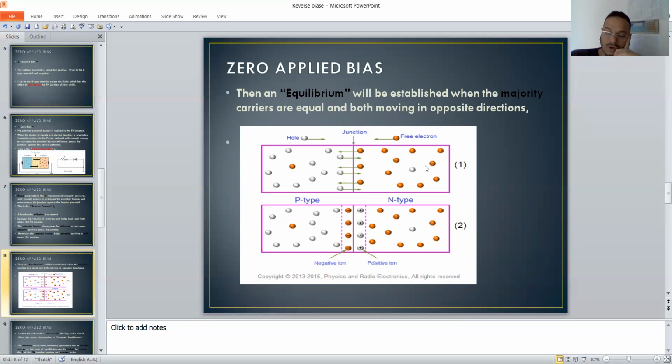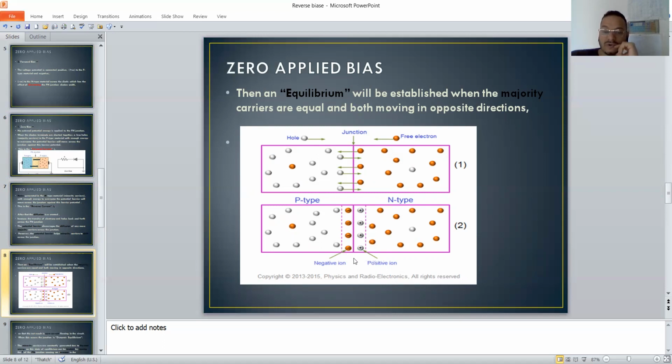After that, the depletion region is created, and near the N-type the donor ions will stay, and near the P-type the acceptor ions will stay.